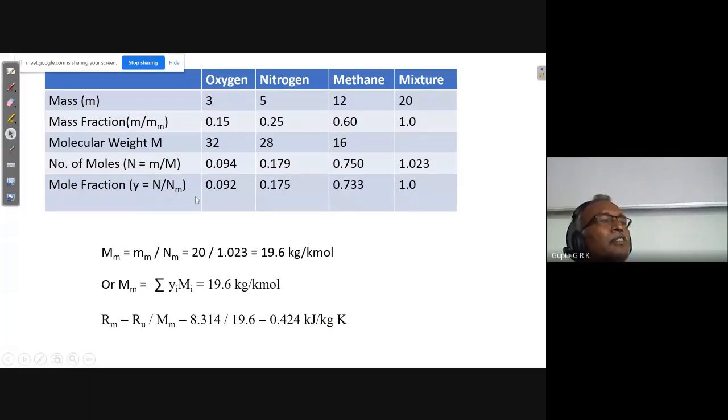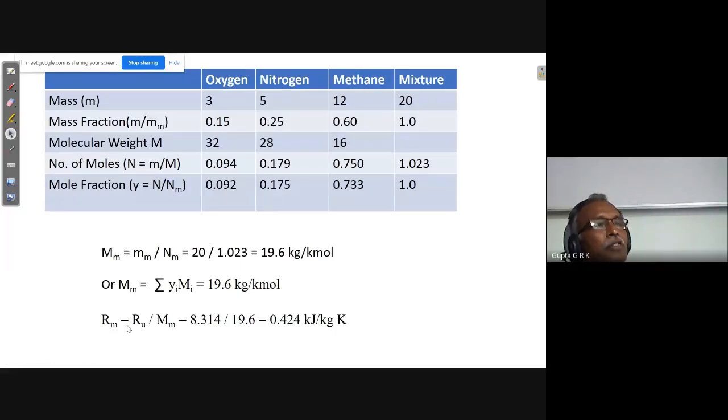If I multiply Mi and yi and add all of them, you will get the same 19.6. And R of the mixture is the universal gas constant by the molecular weight of the mixture, 8.314 by 19.6. So like this, we can get the molecular weight of the mixture and the gas constant of the mixture.